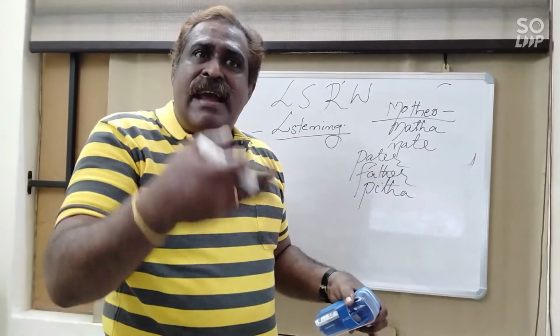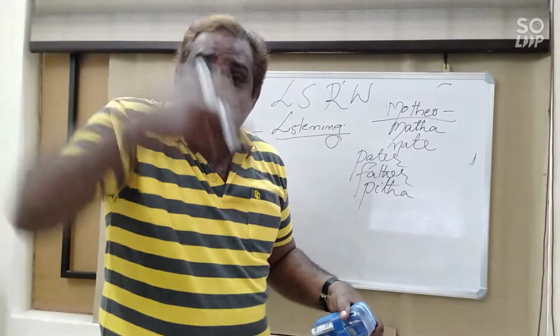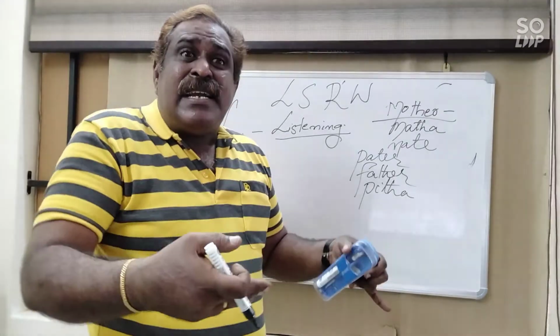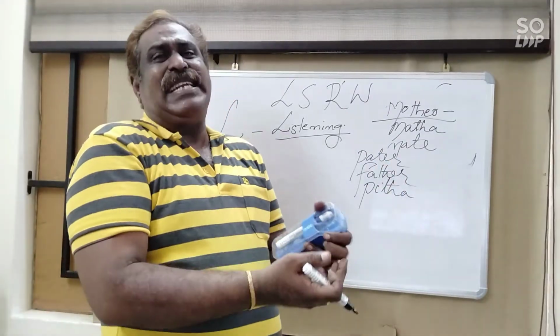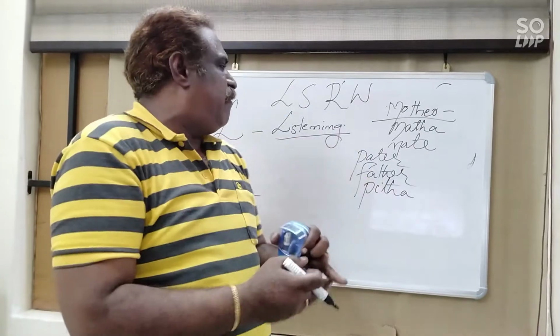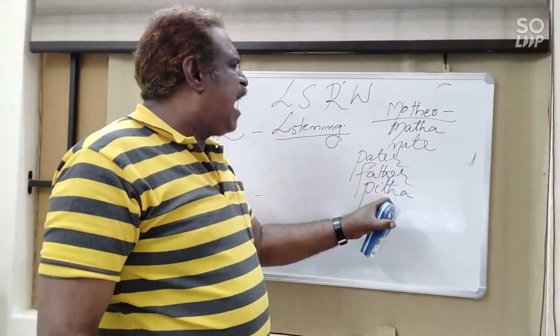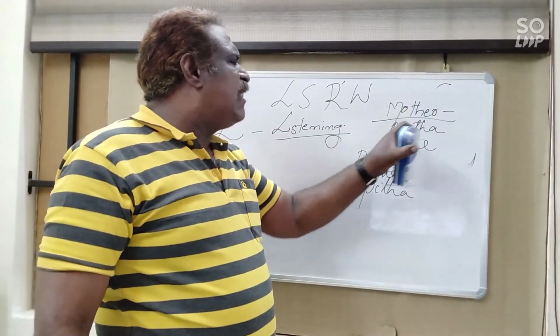So when you learn languages at the root level, we can see certain languages have a hidden, intrinsic connection with each other. That is what I am trying to show: pater, father, pita, mother.